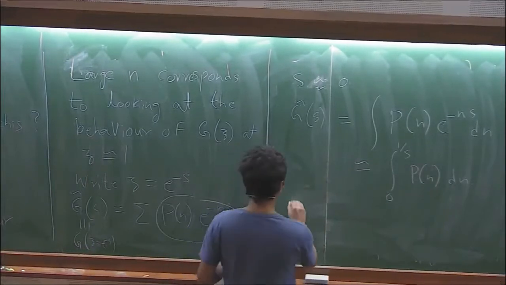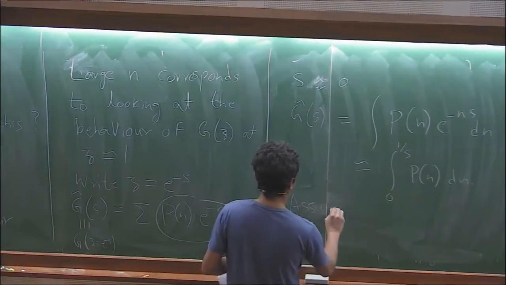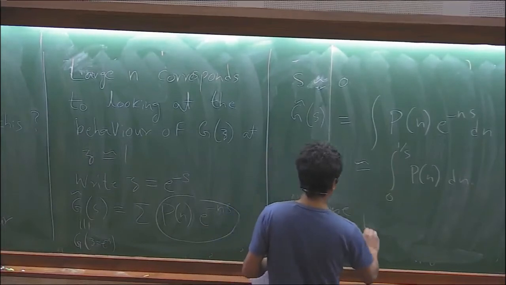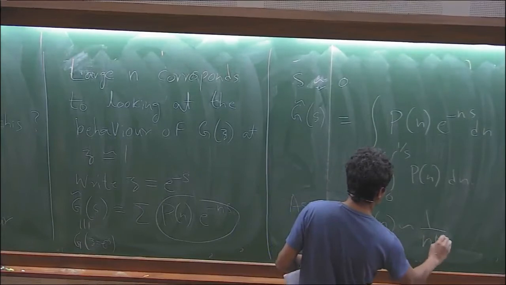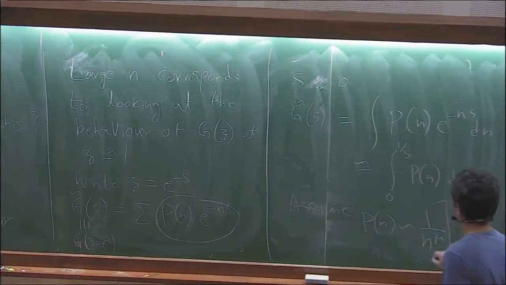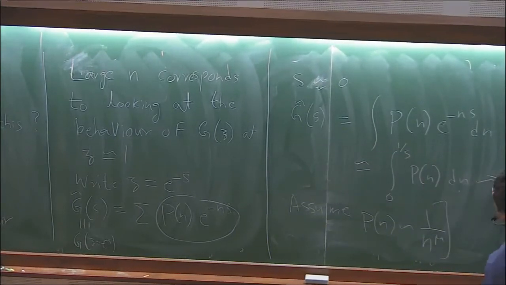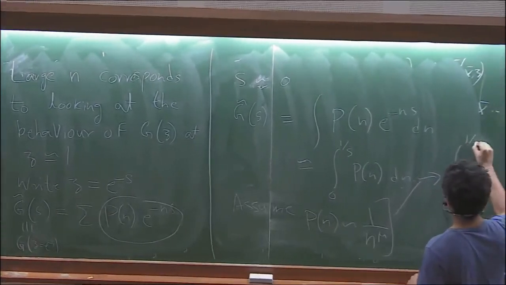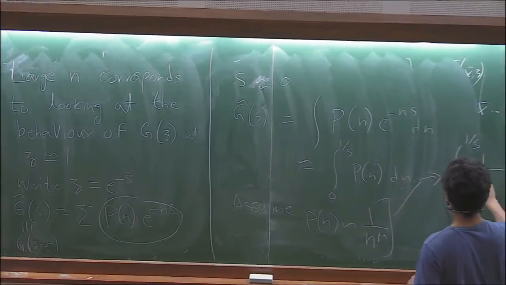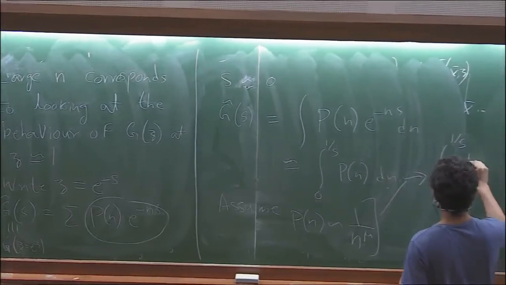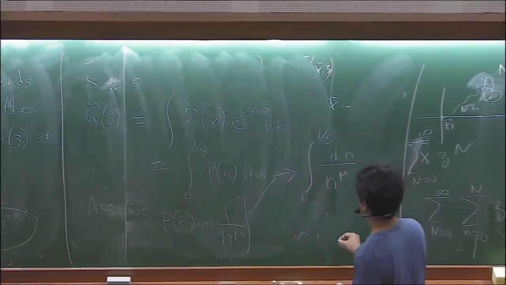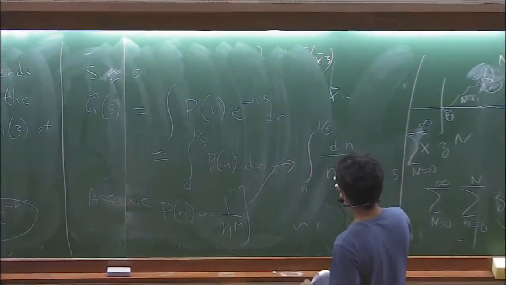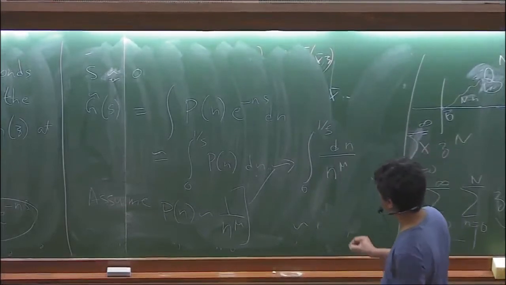Assume that P of n goes like a power law, okay, so then this becomes, so this is minus 1 minus mu.